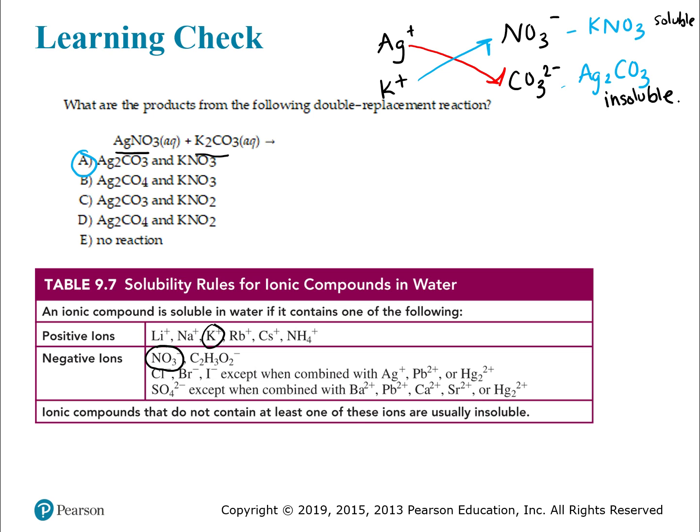Yes, go for it. No. So what you see here is the negative ions that are usually soluble are chloride, bromide, and iodide, except when they're combined with the positive ion of silver, lead 2+, or mercury 1.